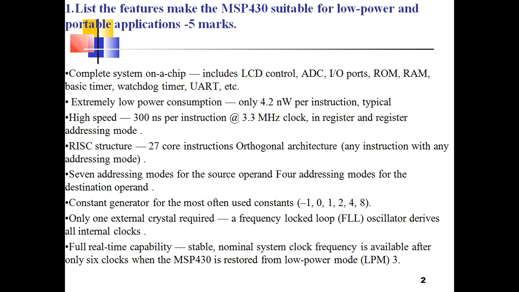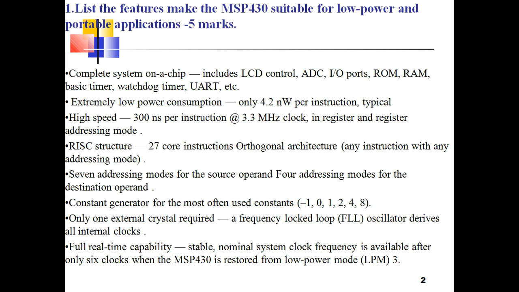Next feature is extremely low power consumption. It consumes very little power, only 4.2 nanowatt per instruction. Next one, high speed. It runs instructions at the rate of 300 nanoseconds per instruction at 3.3 megahertz clock in register to register addressing modes.